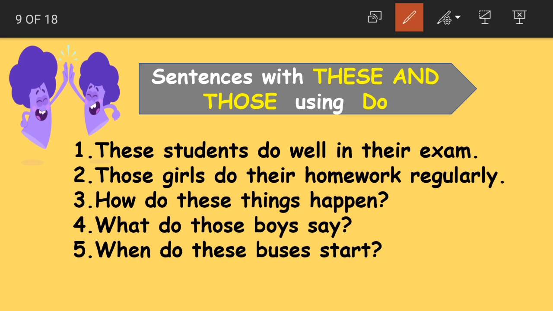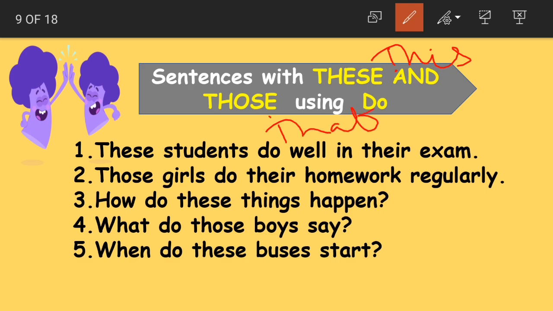Close in the sense of nearby, nearer to us. Those which are a little far away, distant, we use those. These and those are the plural forms of this and that. This plural becomes these, that plural becomes those.